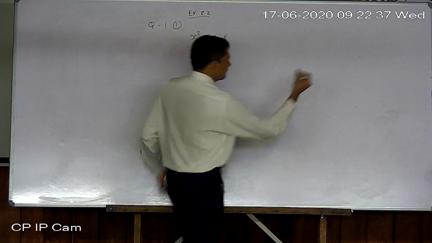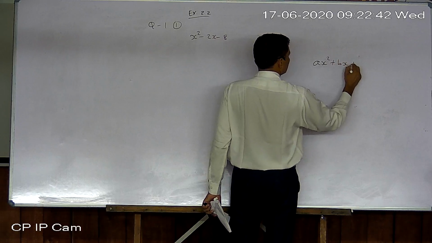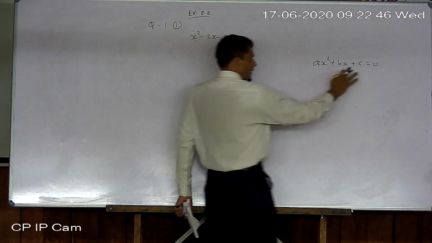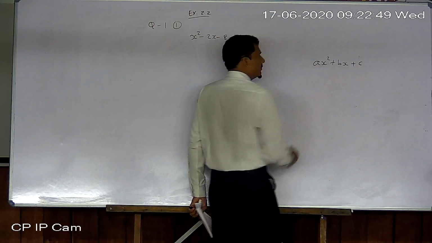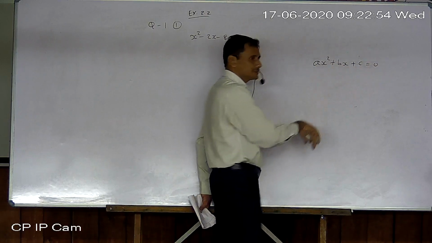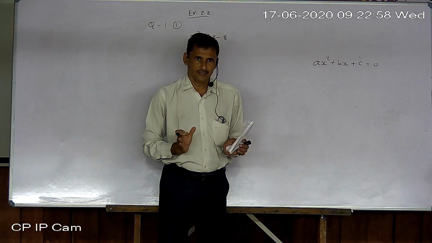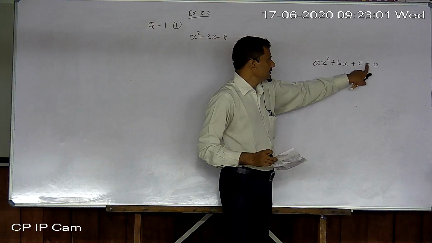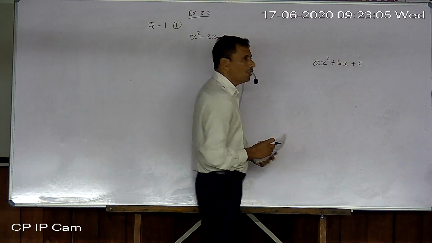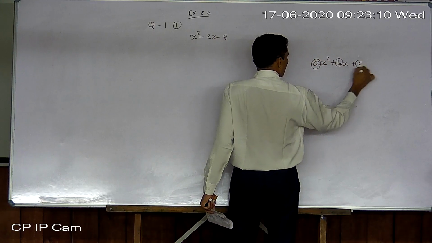So this is the standard form of a quadratic polynomial, and this is the standard form of a quadratic equation. We already discussed the difference between polynomial and equation. Now this is an equation, and this is a polynomial.